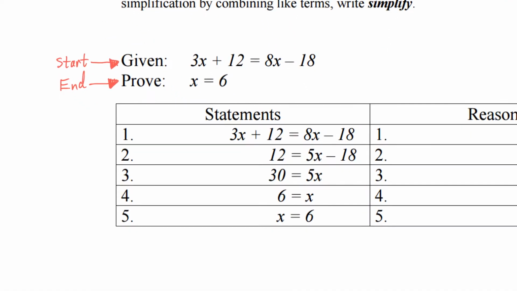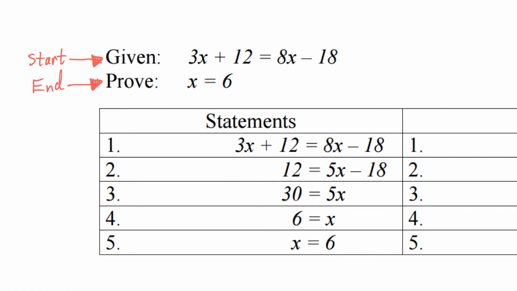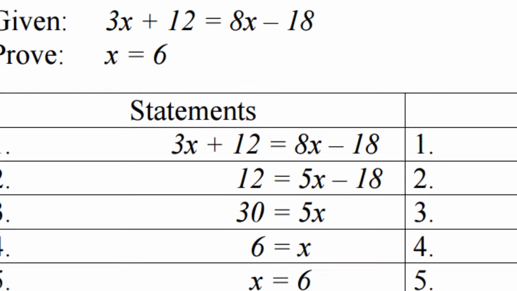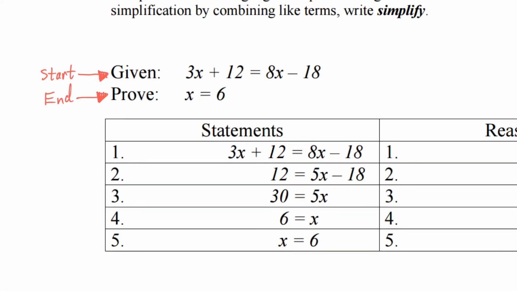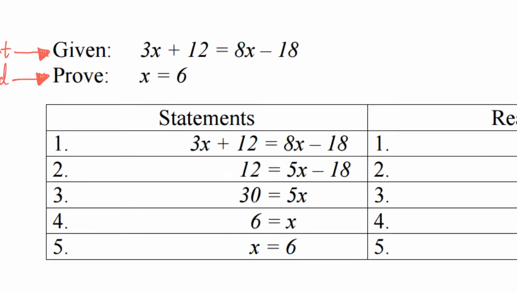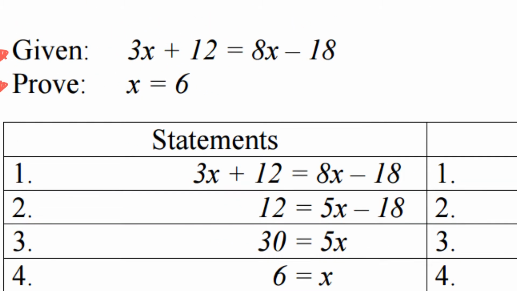So on the first line, it says 3x plus 12 equals 8x minus 18. Okay, so why do you think that's true? Why is this statement true? Okay, this one's kind of weird.